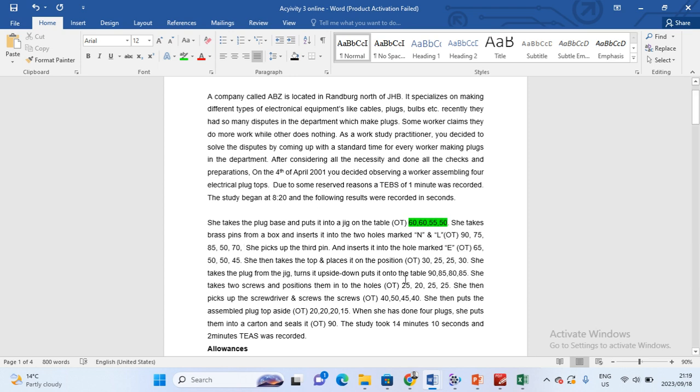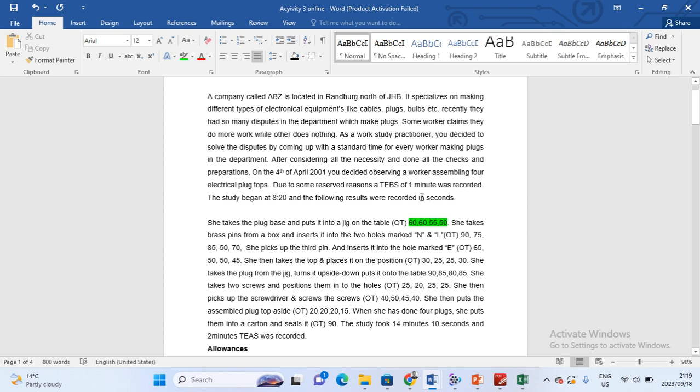All right. Let's say in our first paragraph here, you have read everything, you have understood the whole scenario of what's happening, of what the person is doing, or the company is doing. Then you come here to the last part of our first paragraph. Due to some reserved reason, a time elapsed before starting of 1 minute was recorded. The study began at 8:20, and the following results were recorded in second.